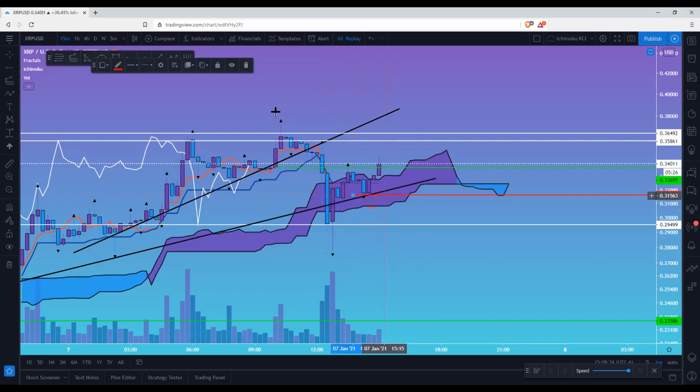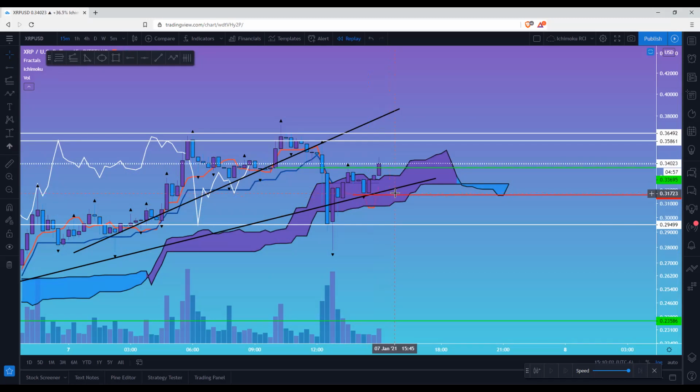Exactly. And here's the thing: stop losses are based off the person. I don't like using stop losses too much because of what I showed y'all today. But this is where I would put my stop loss, because I like to keep it tight. I don't want to take a heavy loss, and because I use big lot sizes anyway, the bigger the lot size, the tighter you're going to want it.